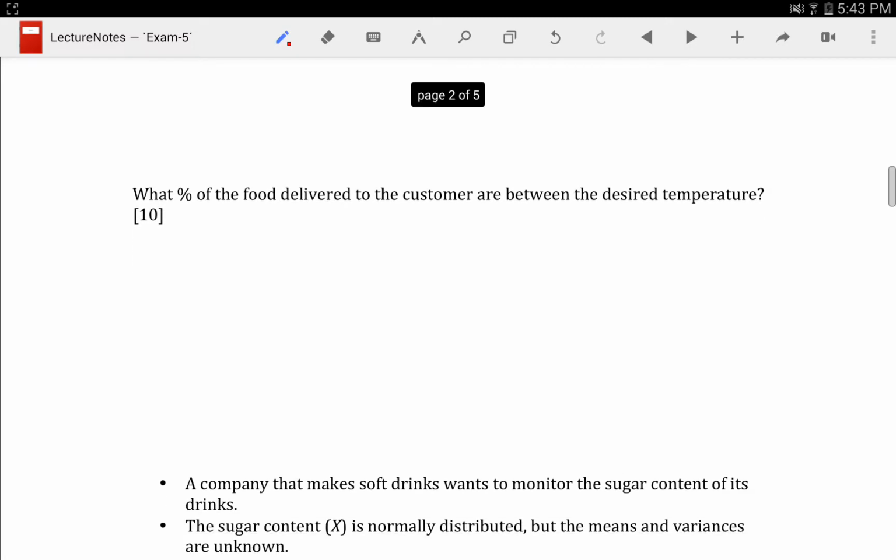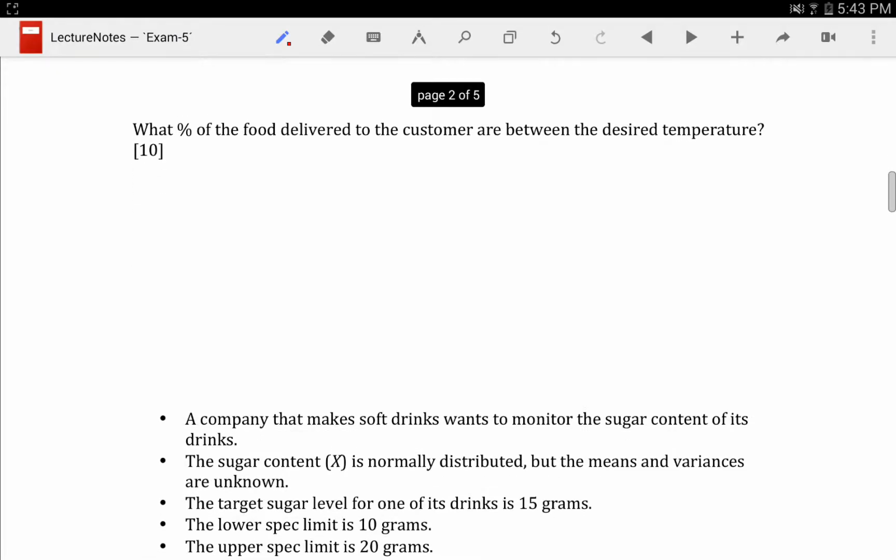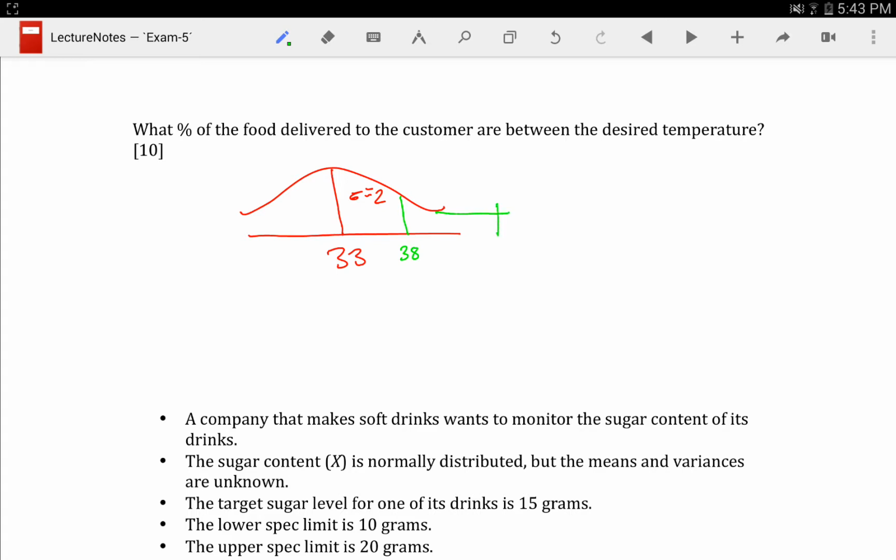Remember, the machine that gives the temperature has a mean of 33 and a standard deviation of 2, but we want the temperature between 38 and 49. What percentage lies in between?